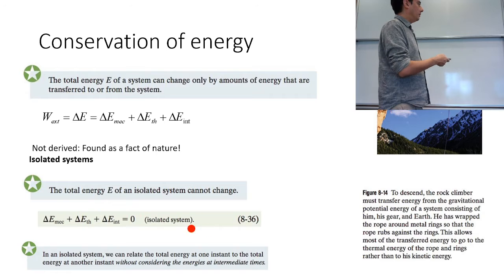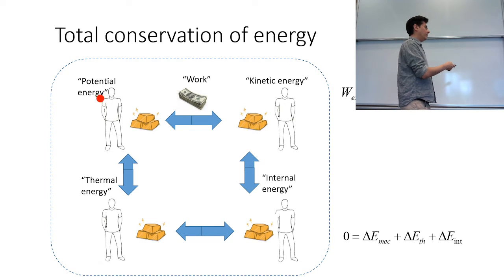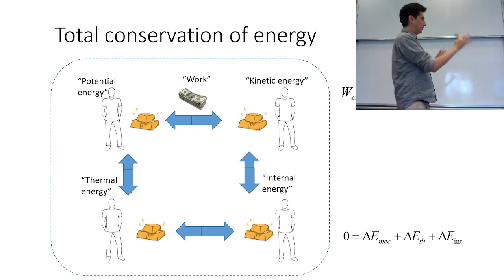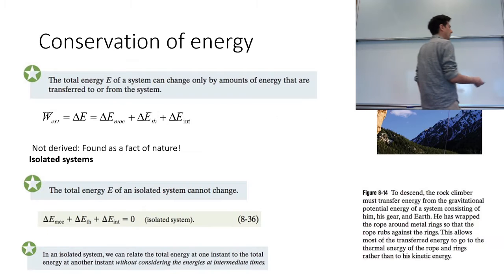Basically what this statement says is that if you compare the energies in each of these after some process, and work goes into this system, say 3 joules went into this system, then if you looked at the change in energy of all these different forms of energy, it should be equal to 3 joules. That's what this statement is making.